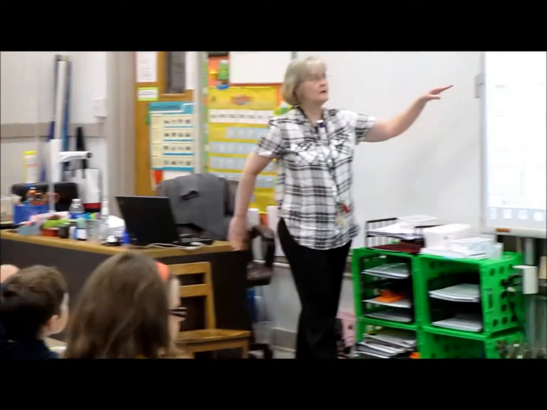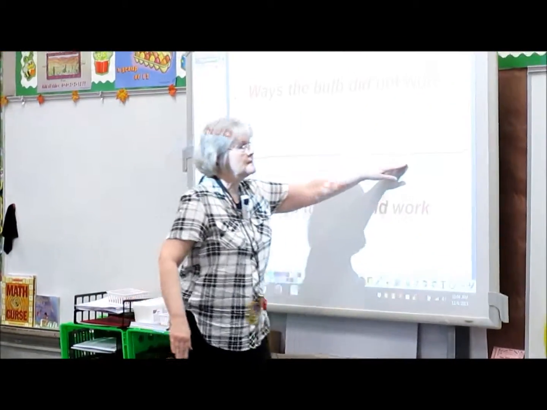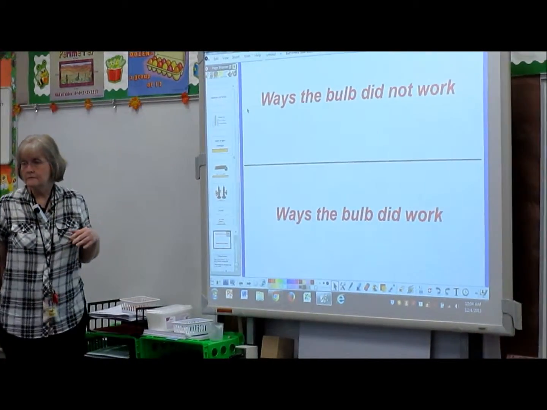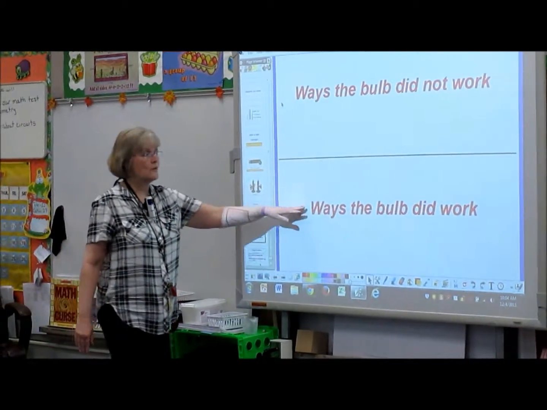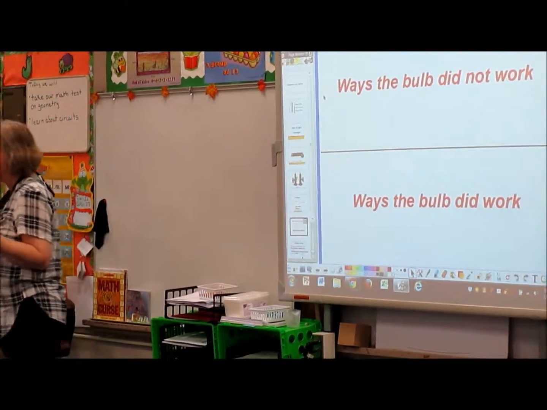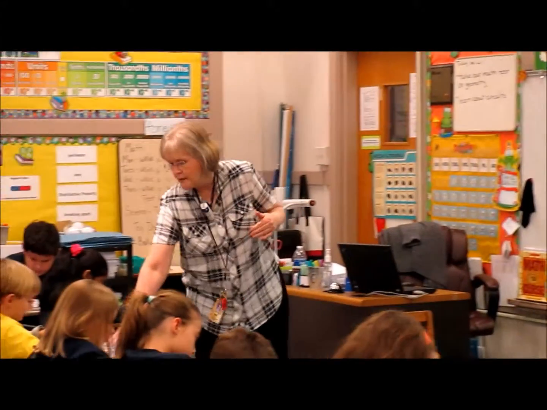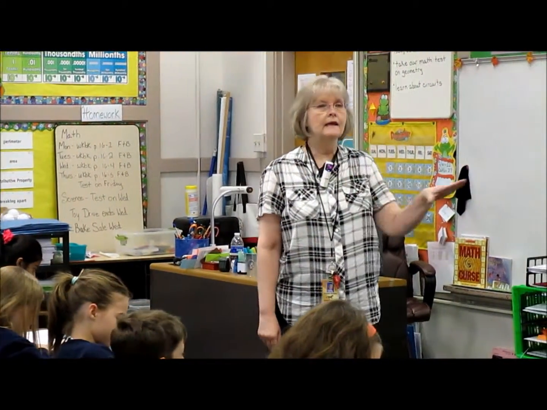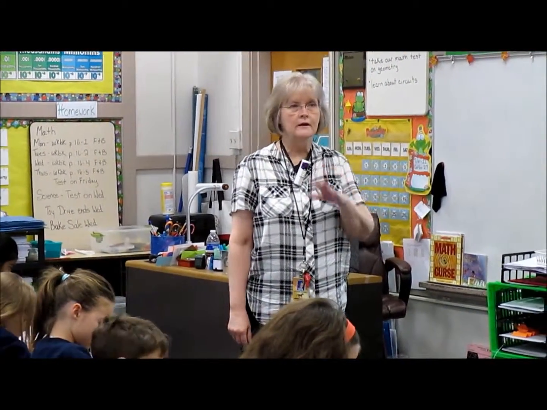Draw a line across your paper like this. At the top you can write ways the bulb did not work, and on the bottom you're going to show ways the bulb did work. So as you work today, you want to make sure that you put down anything that happens. You're recording everything.